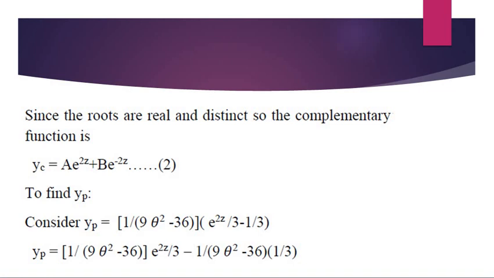To find the particular integral, we consider yp is equal to 1 by (9 theta square minus 36) into (e power 2z by 3 minus 1 by 3). By splitting into two terms, we have 1 by (9 theta square minus 36) into e power 2z by 3 minus 1 by (9 theta square minus 36) into 1 by 3.